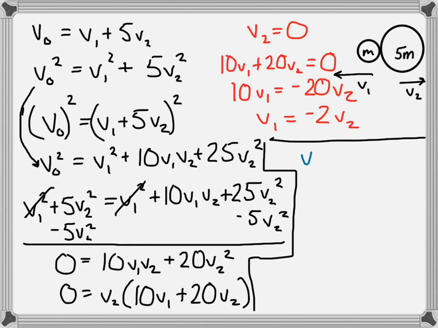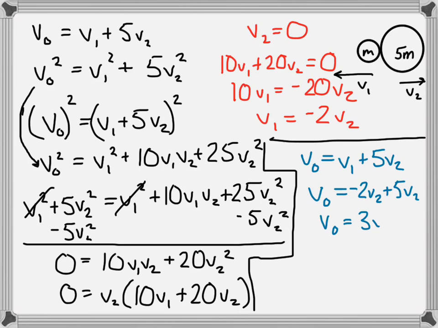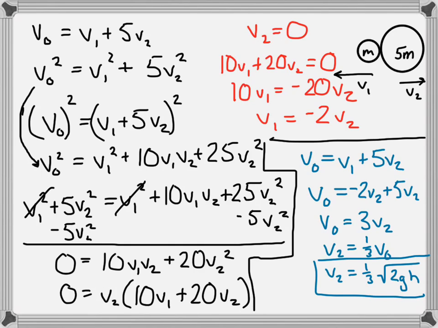Let me make a little space for myself, and let's bring down this equation. So I do that substitution, and I'm going to get v naught equals 3v2. And I'm going to solve for v2 because that's what I'm interested in. And remember back in phase 1 that v naught is equal to root 2gh. So now I get v2 equals 1/3 times root 2gh.